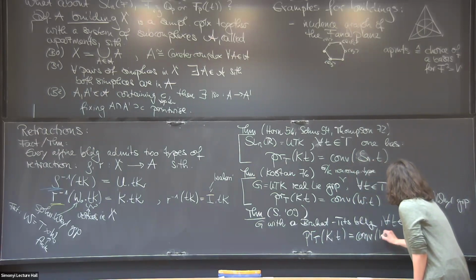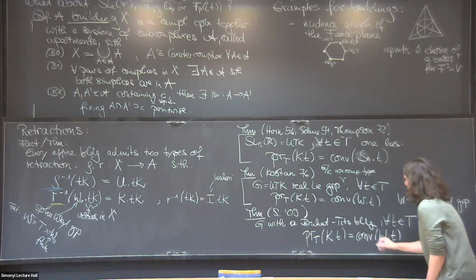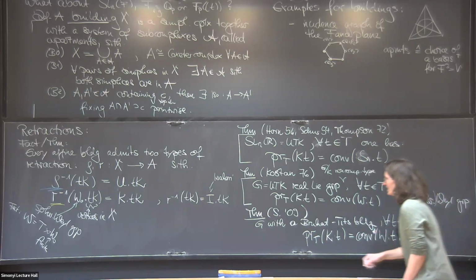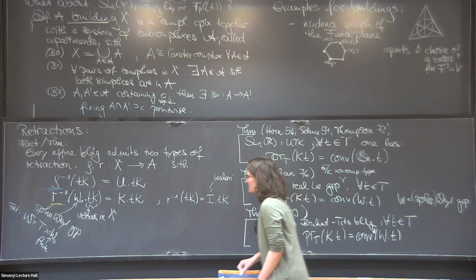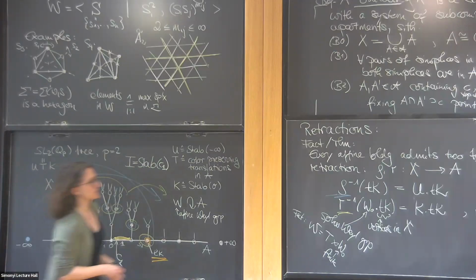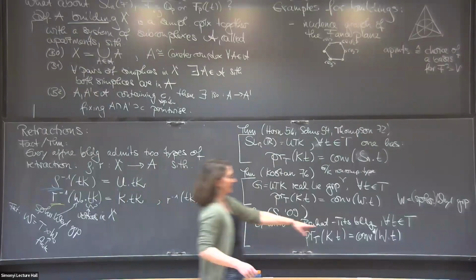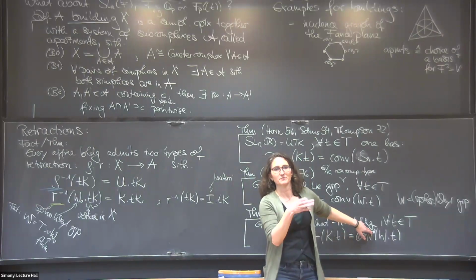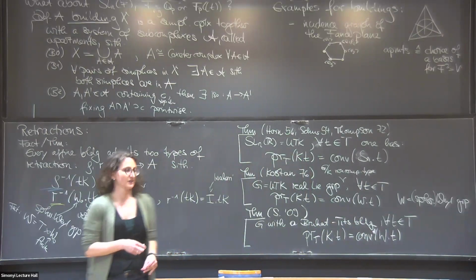This is the convex hull of the Weyl orbit. I need to put a little star here, which means the following. These actions of U and K, they preserve color. So white vertices will be mapped onto white vertices always, black vertices onto black vertices. So I have to take the vertices of the same color. That's why it's the star. Anything in between, I won't be able to reach.